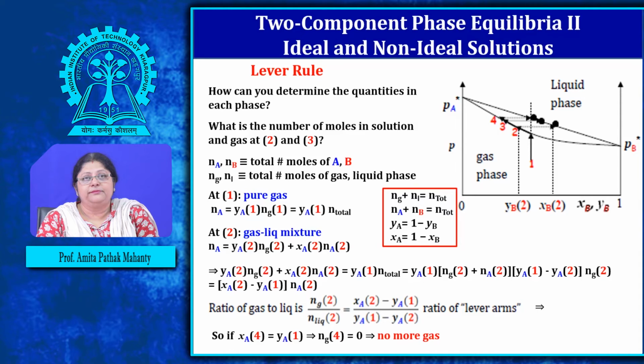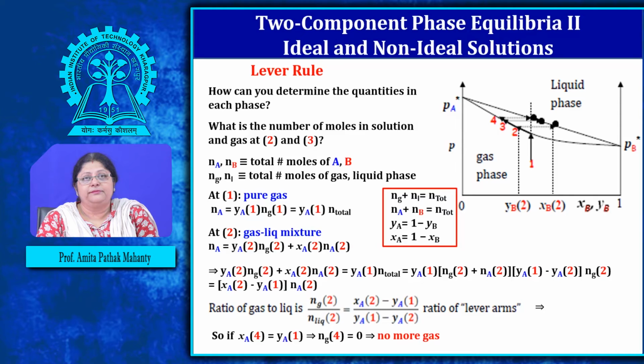Can you see the point 2? Yes, ma'am, I'm able to see the point. If you are able to see point 2, then if you draw a line at the same pressure, not changing the pressure, it will hit two lines. The one above is the bubble line and the lower is the dew line.